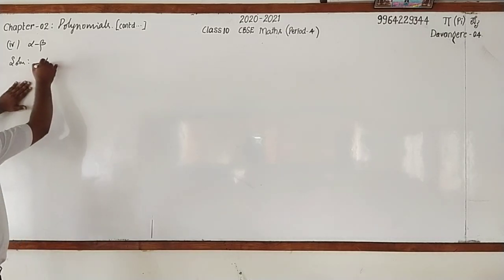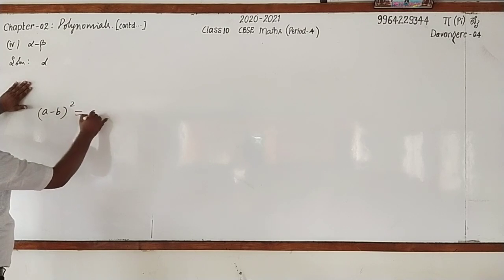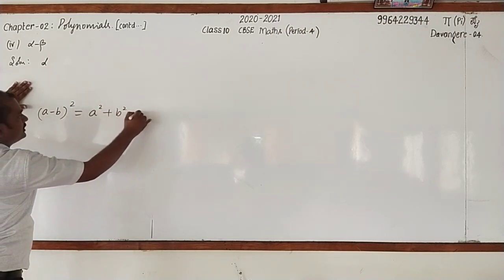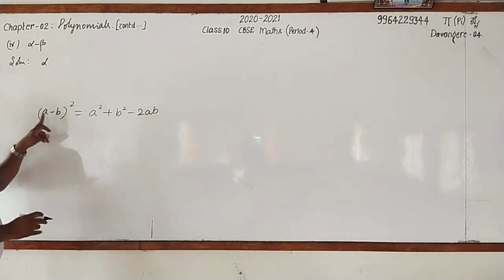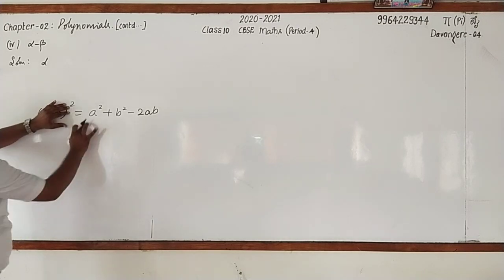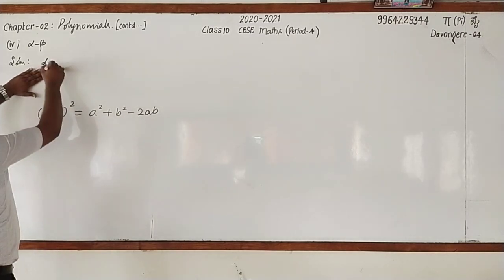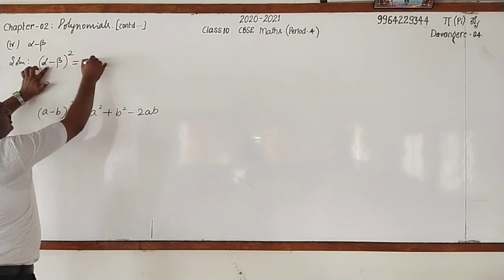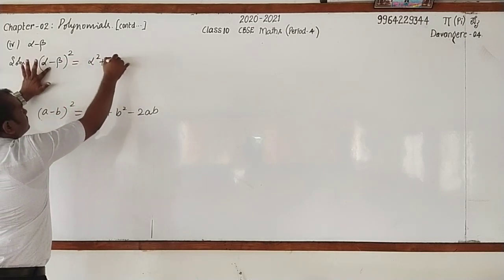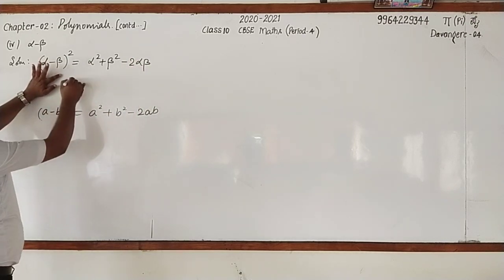Okay. Here, a minus b whole square is nothing but a square plus b square minus 2ab. But we want a minus b only. A minus b is equal to the square root of this. Understood? Alpha minus beta whole square is equal to alpha square plus beta square minus 2 into alpha beta.